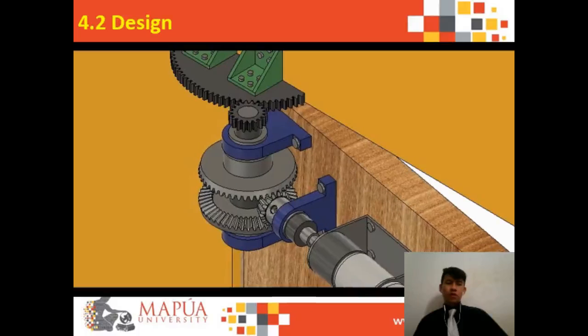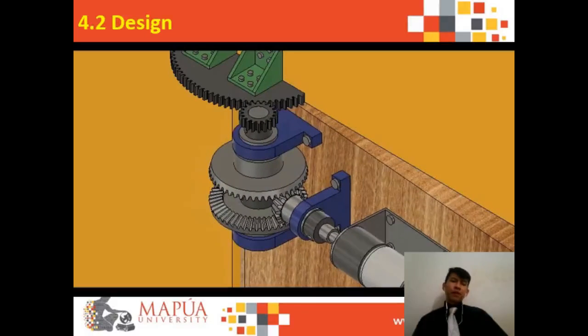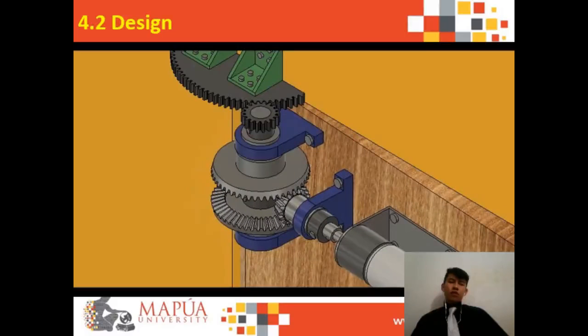If it's playing smoothly, you will see that the generator shaft rotates in one direction even when closing or opening the door. I'll send a link or email the video to you so that you can watch, or you can watch it here in the PowerPoint.